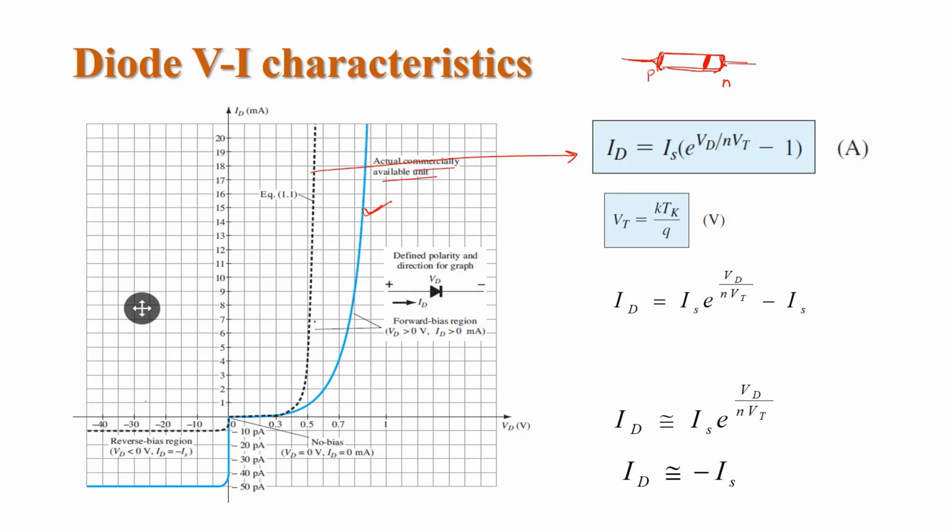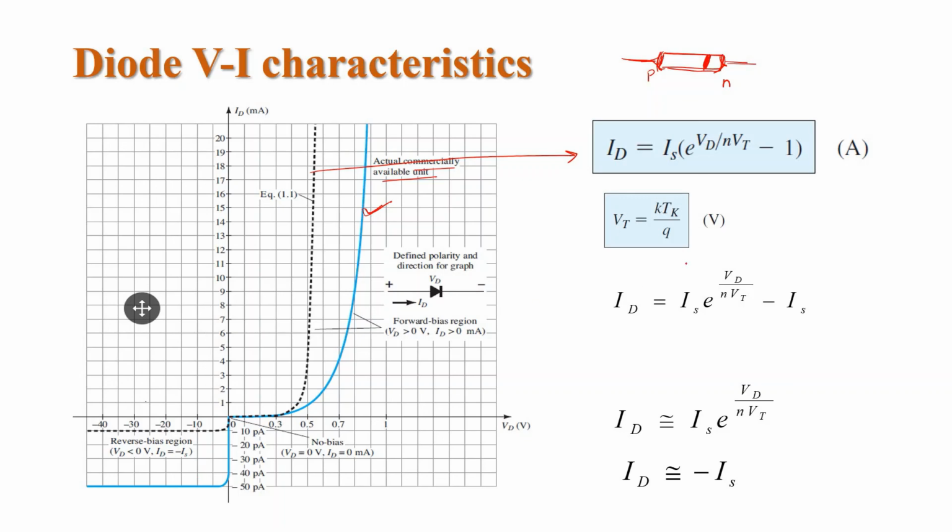We also see a difference in the reverse saturation current, and that may have resulted from the higher temperature conditions in which the commercially available diode will be operated, or from the doping levels. A higher level of doping will result in a higher reverse saturation current. Even this reverse saturation current is temperature sensitive.